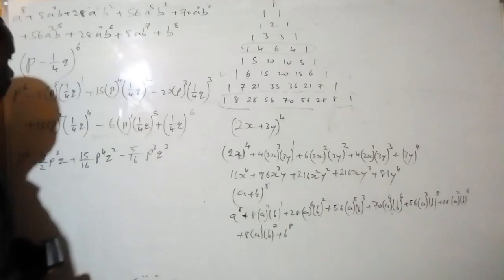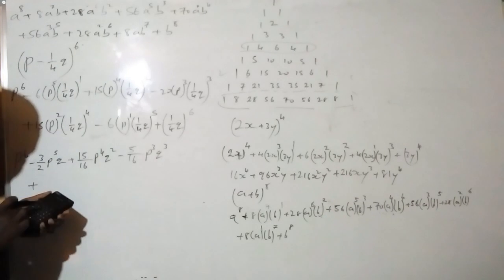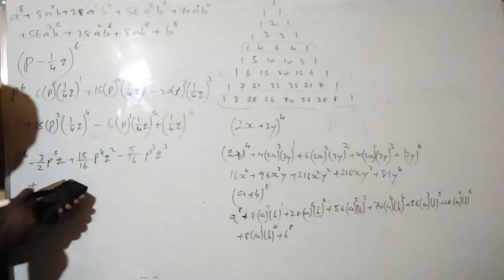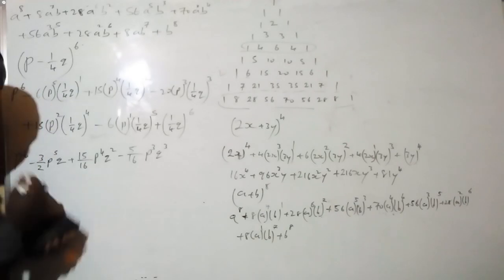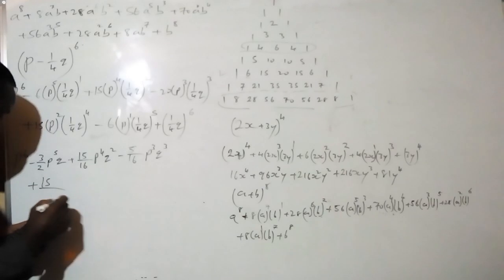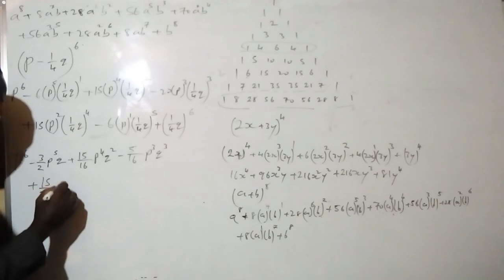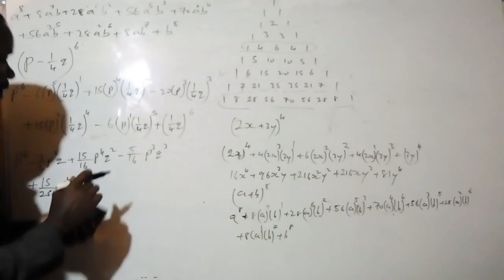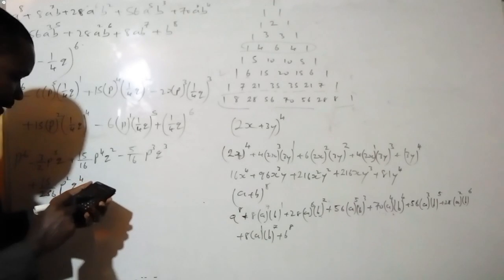Next is 15. 4 raised power 4 is what? 256. You are going to say 15 all over 256. We get 15 all over 256. Then P squared and Q raised power 4 minus 4 raised power 5. We get 1024. 6 all over 1024 is what?